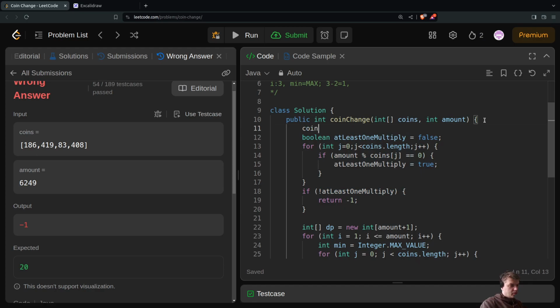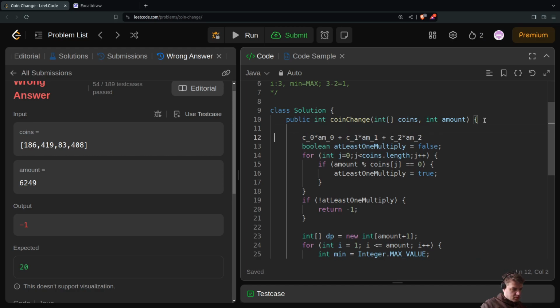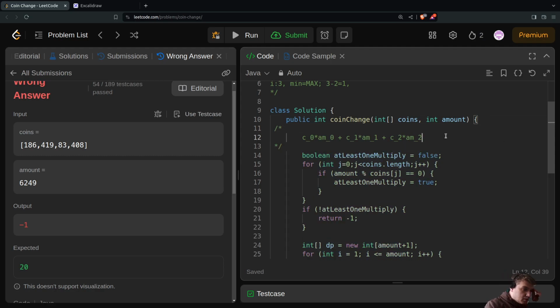So we have coin 0 multiplied by amount 0, plus coin 1 multiplied by amount 1, plus coin 2 multiplied by amount 2, and so on and so forth, equal amount.